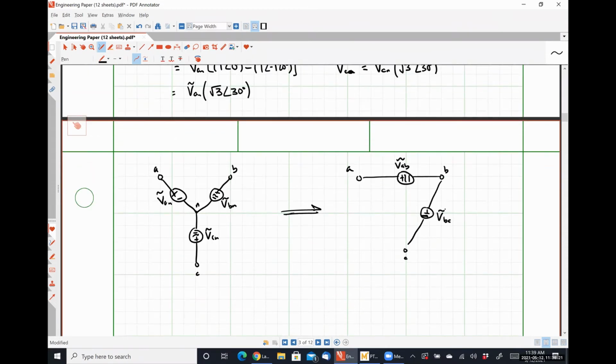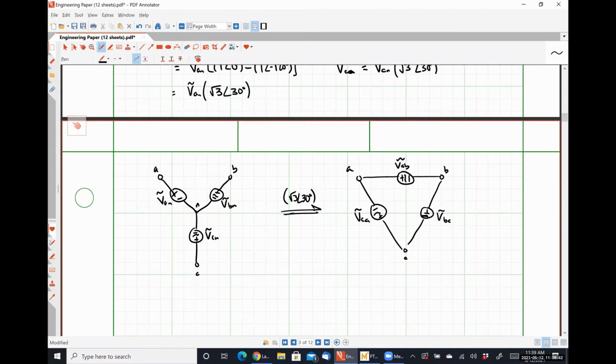VBC. VCA by multiplying by root 3 angle 30 degrees, okay?